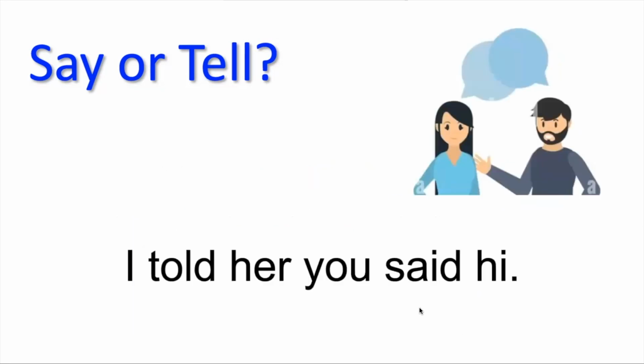Here's a common thing to say, a way that we send greetings to somebody else. I told her you said hi. If we look at it as an SVO, subject, verb, object, English sentence, there are two objects here. I told her you said hi.